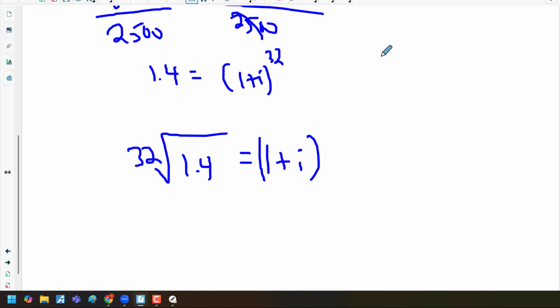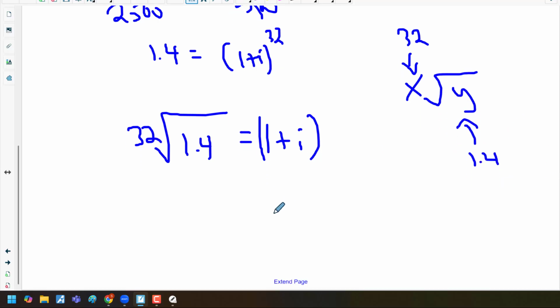And if you don't know how to use that in your calculator, there is a symbol that looks like this, at least in my calculator, where it's an x root y. If you press that button, your x value is supposed to be 32 in this example, and then your y value is 1.4. It's very doable using a calculator. It's a very simple calculation. Just make sure you know what you're doing.